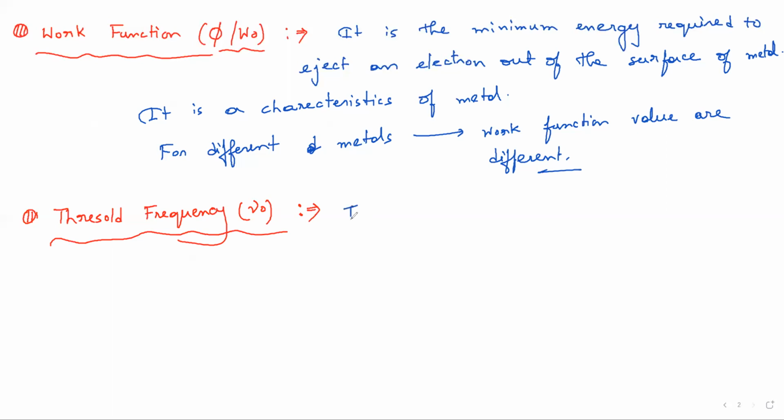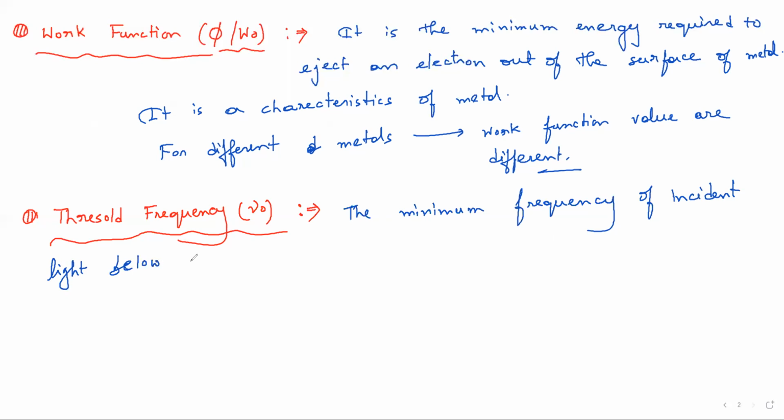The minimum frequency of incident light below which no electron is ejected out is called threshold frequency.